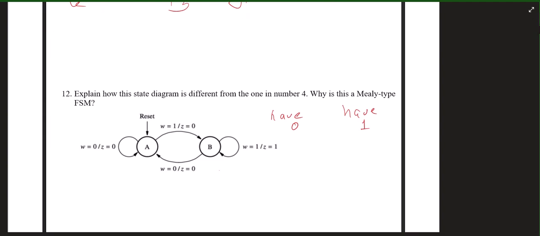So the output depends just on the state. So you just put the output right there in the circle that represents the state. But for Mealy, the output depends not just on the state, but the input. So you put it on that little arrow saying, here's the input, I was in this state, here's the output. Oh, okay. That makes sense. Thank you.